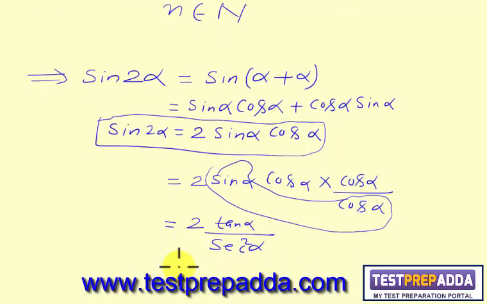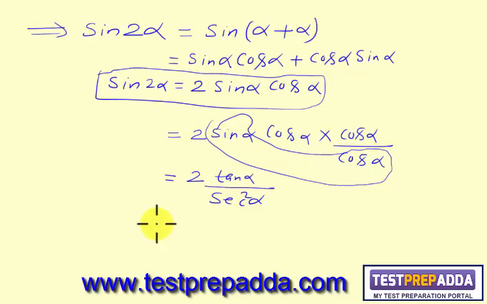And we know one basic identity that relates sec alpha with tan alpha, that is sec square alpha can be written as 1 plus tan square alpha.